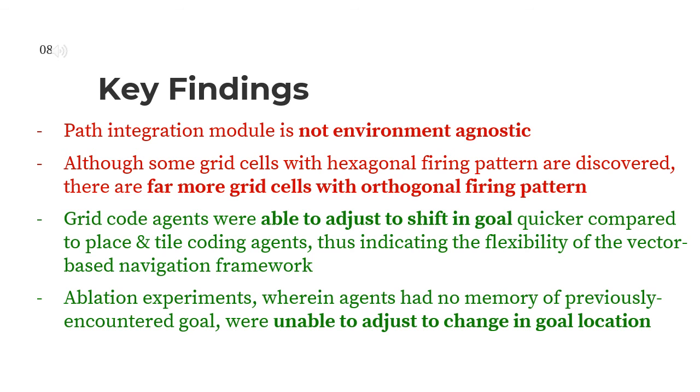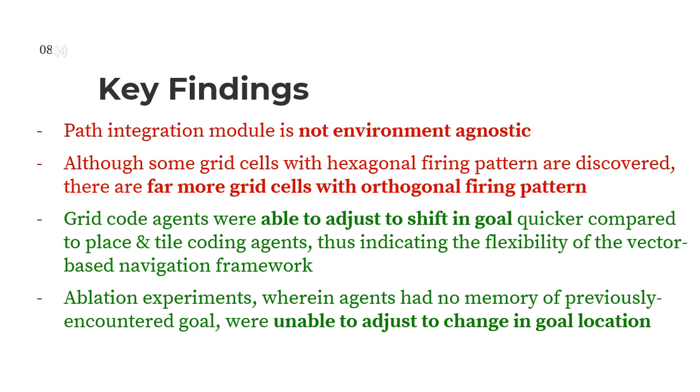The main key findings of our project are as follows. First of all, the path integration module is not environment agnostic. Second, even though there are some grid cells with hexagonal firing patterns, there are far fewer than grid cells with orthogonal firing patterns.